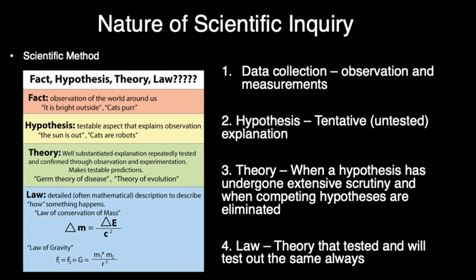Many times other researchers will come up with alternate explanations, so alternate hypotheses, which usually causes many discussions in the scientific community. And it drives researchers to better their techniques, their data collection, their analysis of what they have observed and measured, and also their interpretations based on the data that they obtained.